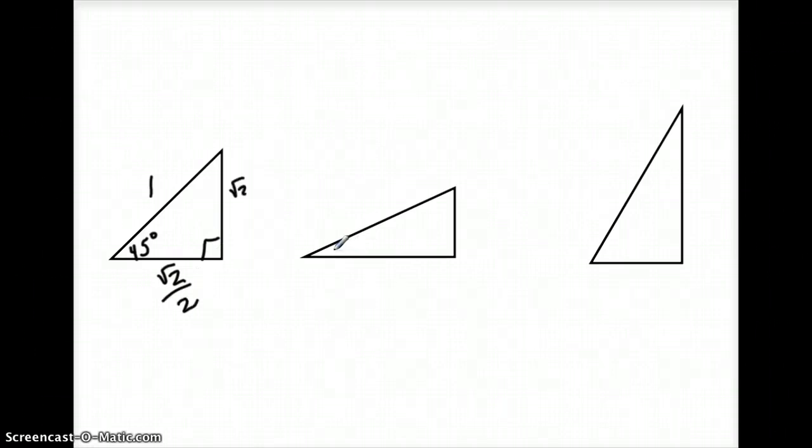When we have a 30-degree angle and the hypotenuse measures 1, using our side ratios for special right triangles, the short side measures a half and the long side measures radical 3 over 2.